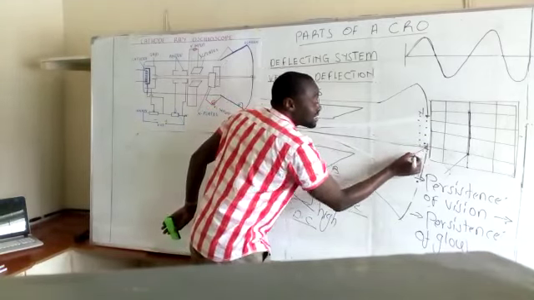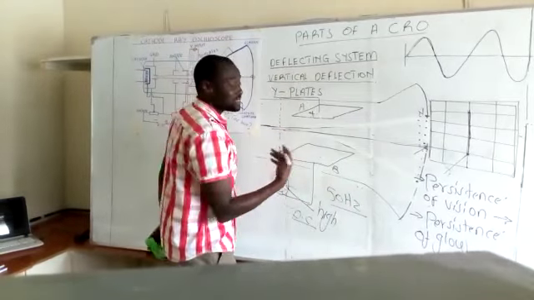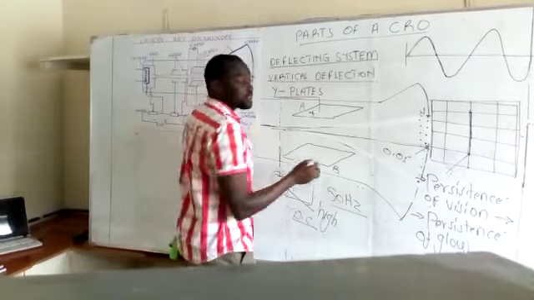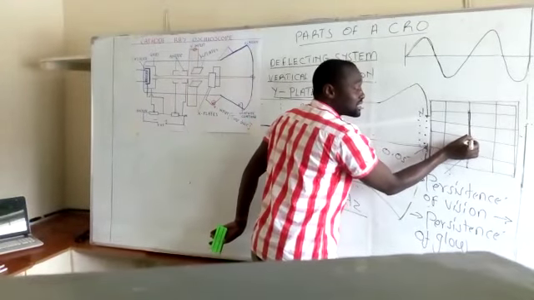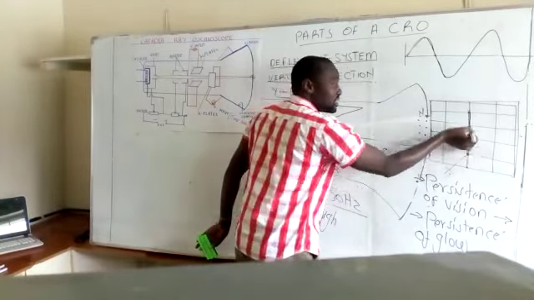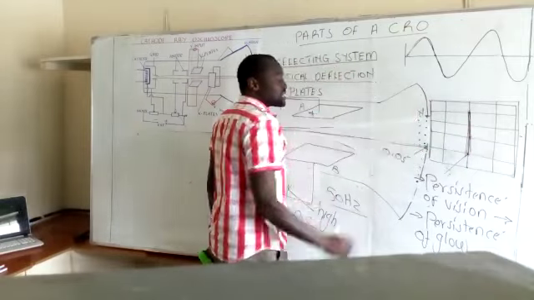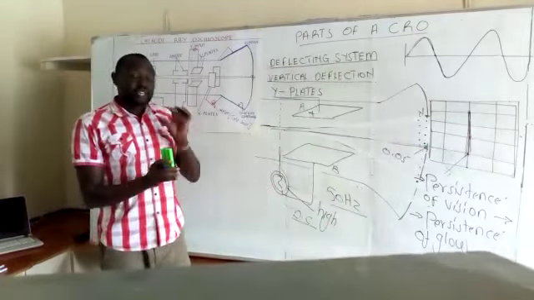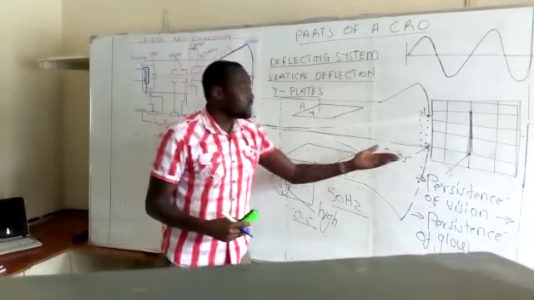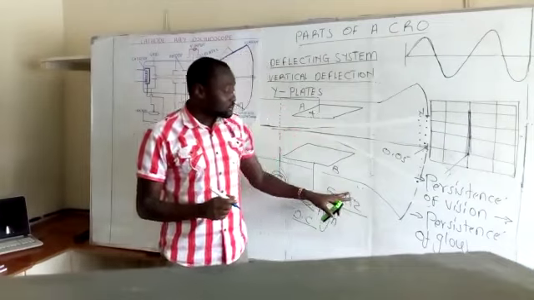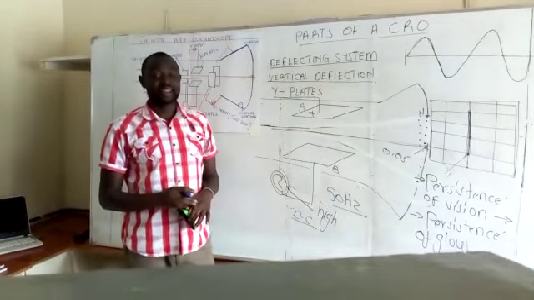The phosphor has a persistence of around 0.05 seconds. Therefore, the point has already passed, but that point is still glowing. Therefore, when the frequency is very high, we are going to see a vertical line. Even though the dot is moving, it's moving at a very high speed. Next part, let's look at the X plates.